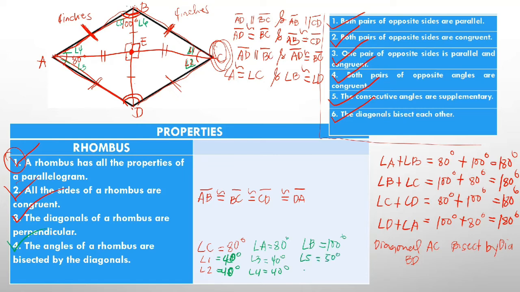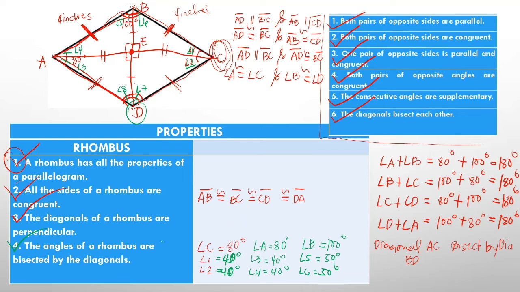So therefore, since the congruent of angle B is angle D, then yung angle 7 and angle 8 natin is similar with our angle 5 and 6, which is 50 degrees. Dahil si angle D, let's write it here, angle D is equal to 100 degrees.